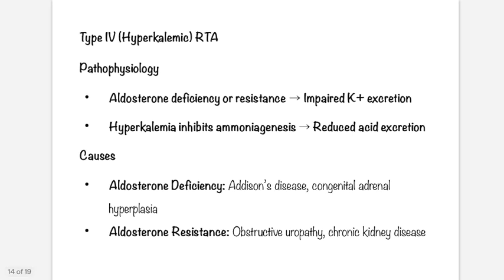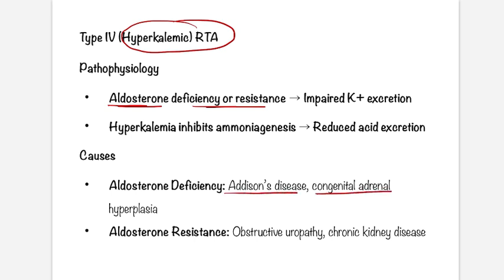Type 4, hyperkalemic RTA, is due to, and this is important, aldosterone deficiency or resistance. Aldosterone deficiency occurs in Addison disease and congenital adrenal hyperplasia; aldosterone resistance occurs in obstructive uropathy and chronic kidney disease. They lead to impaired potassium excretion.